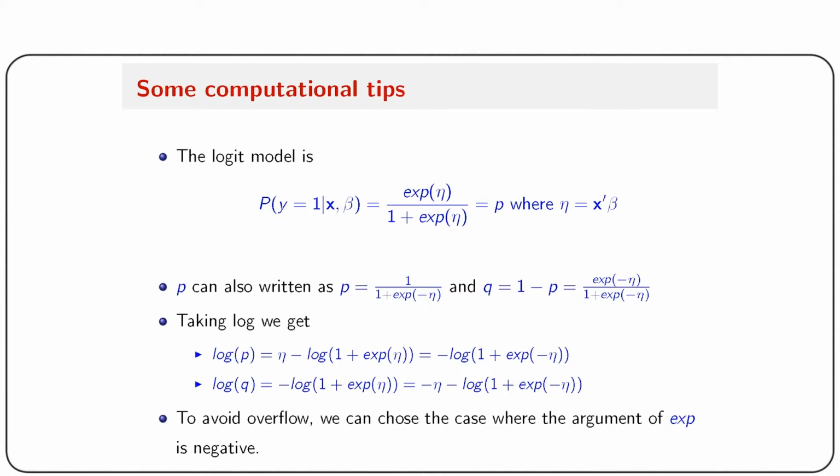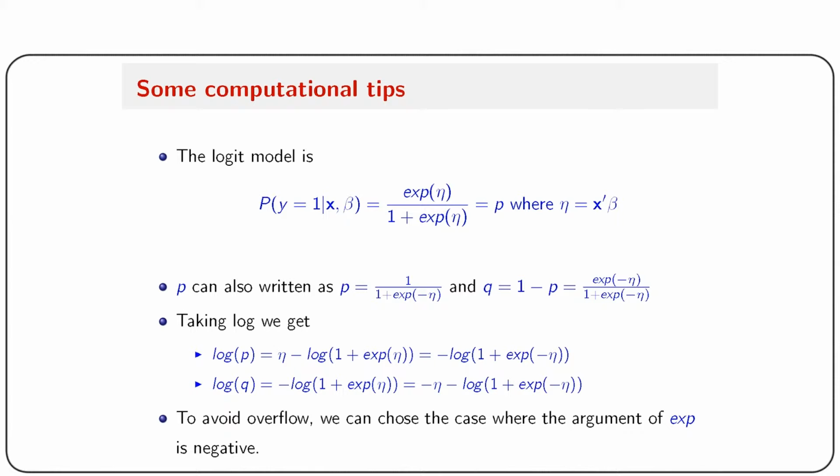Some computational tips in this regard. In the logistic model, the probability of y equals 1 given x and beta is e to the power eta divided by 1 plus e to the power eta, that is the probability of success, and eta equals x prime beta. p can also be written in this form, 1 by 1 plus e to the power minus eta.